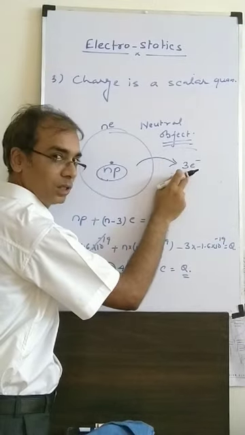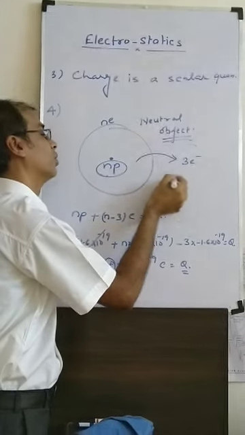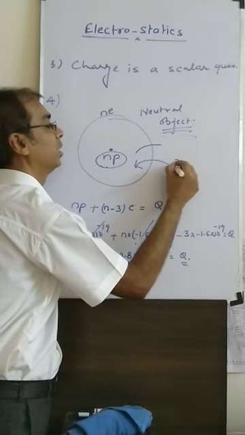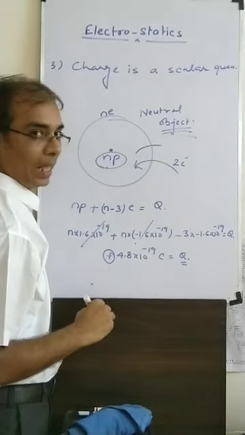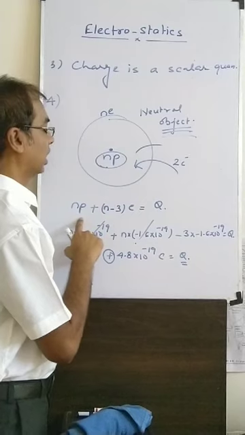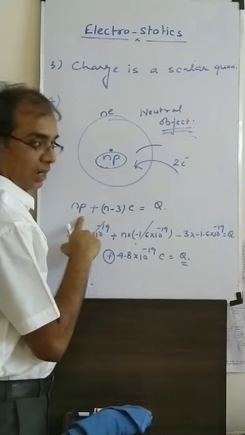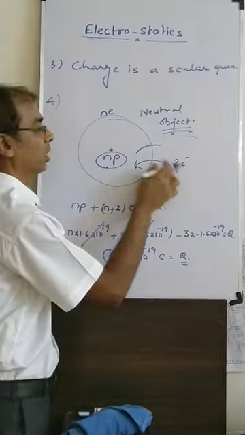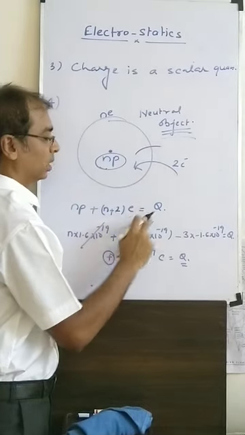out 3 electrons. In the same way, forget about these 3 electrons, if I am going to give 2 electrons to it, then what will happen? The same equation I will be writing: number of protons n, and here n plus 2, because you have given 2 electrons to it, equal to q.